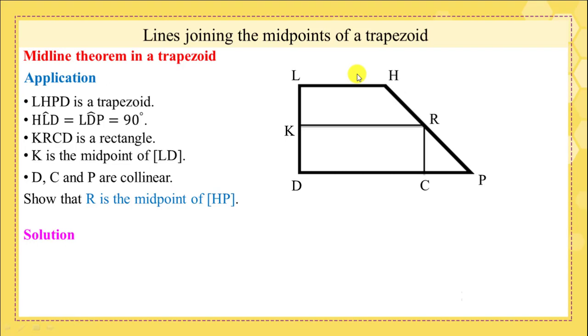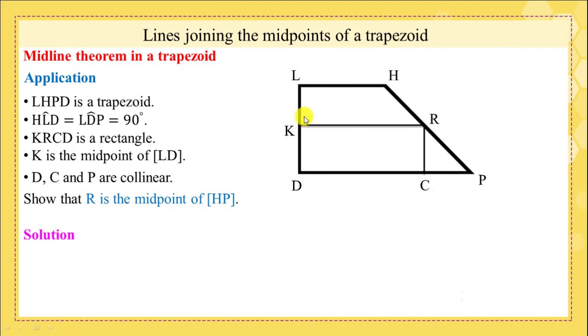How to show that KR is parallel to LH and DP? We have from the given also KRCD is a rectangle. So opposite sides of a rectangle are parallel. KR is parallel to DC. But DC and P are collinear. So by collinearity, we get KR is parallel to DP. And as DP is parallel to LH, then KR is parallel to LH and DP at the same time.